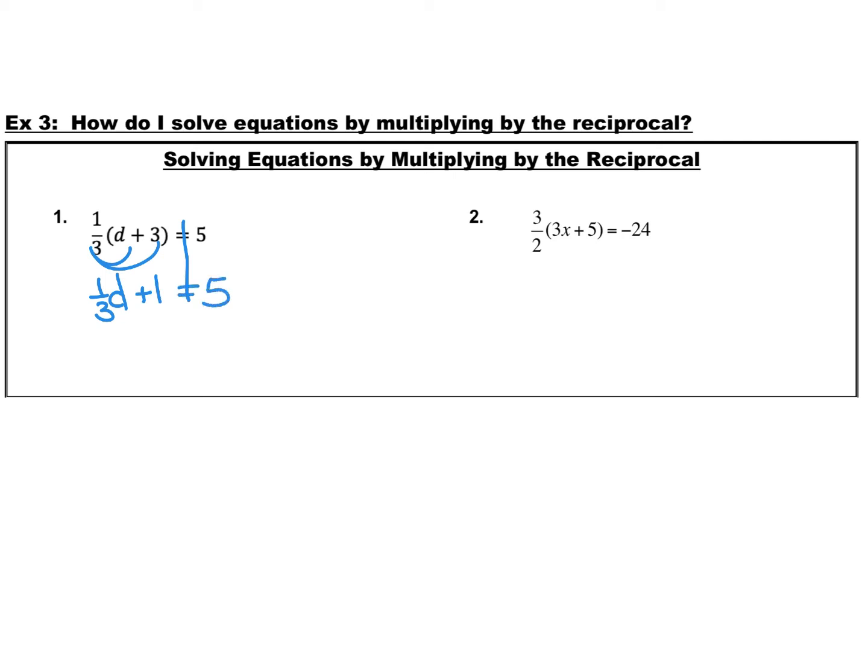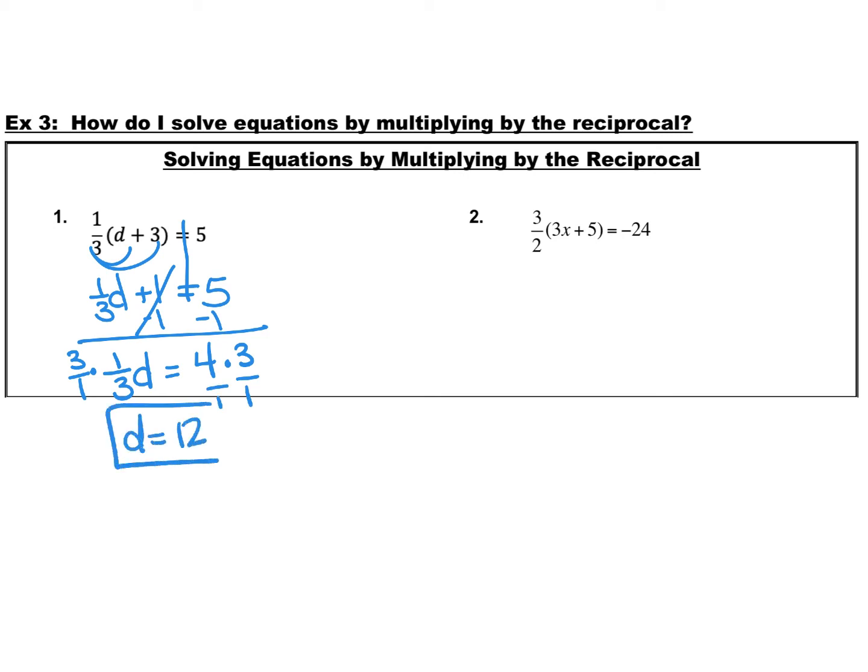All right, so then I would start by minusing my 1, and I'd have 1/3 d is equal to 4. And now the d is being multiplied by 1/3, so I could either take 4 divided by 1/3, or I can multiply it by its reciprocal. And d is going to be equal to then 12.